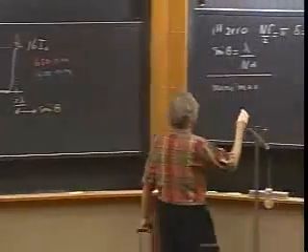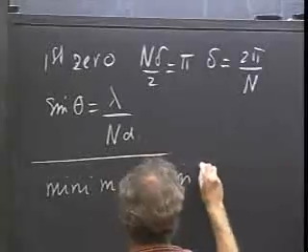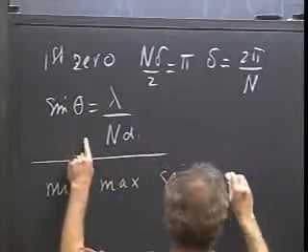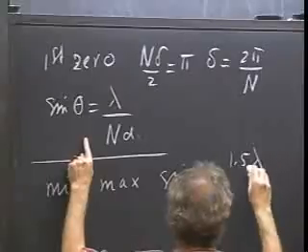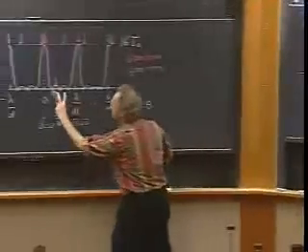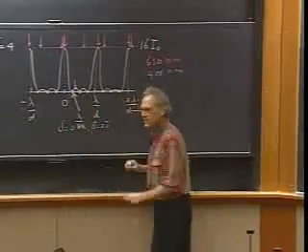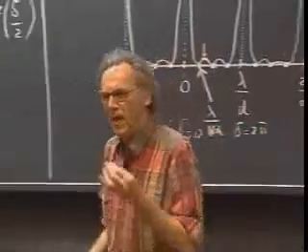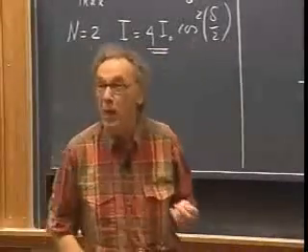So I ask the equation, what is your intensity when sine theta is 1.5 times lambda divided by nd? Then I'm right in between these two zeros. Now, whether I'm exactly on that maximum, I don't know. I'm really not interested, but I'm surely close.